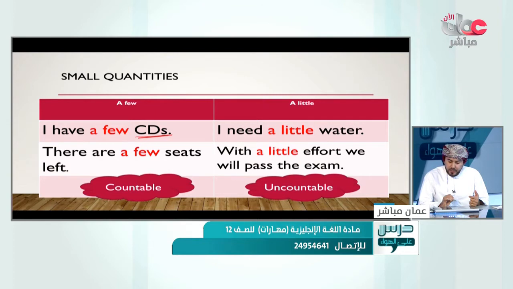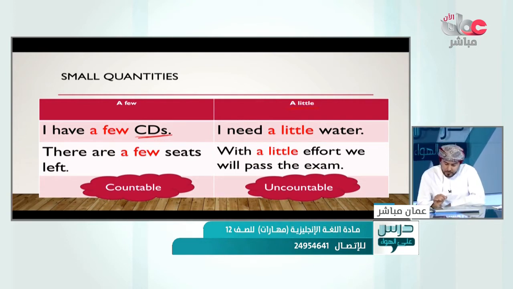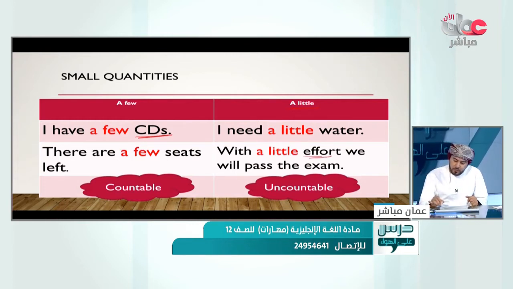Look here at this word a little. I need a little water, which means that I don't have much water, but it's enough for me. With a little effort, we will pass the exam. If you notice, effort and water are uncountable nouns.